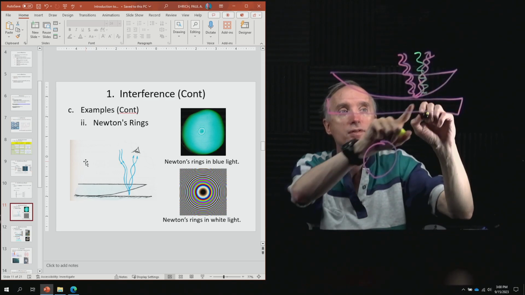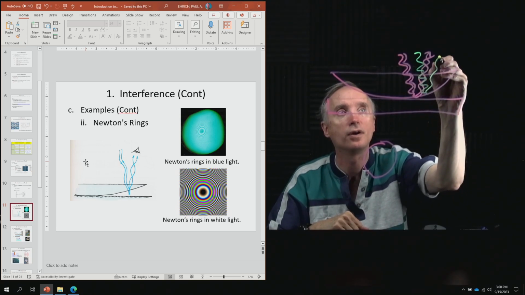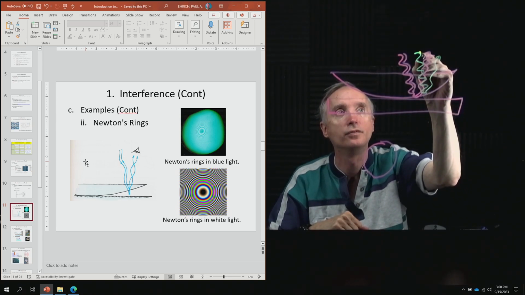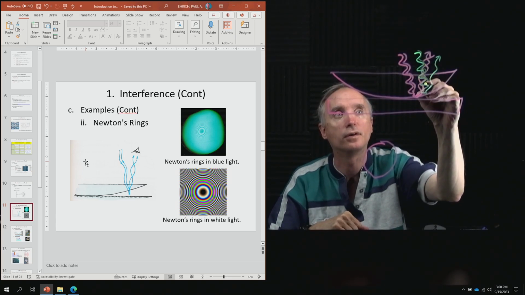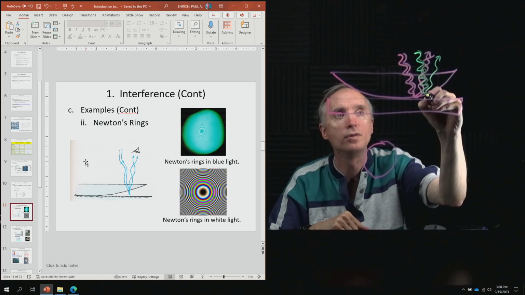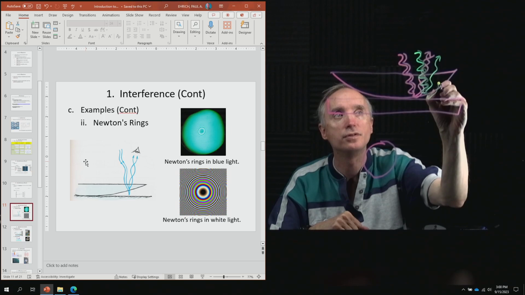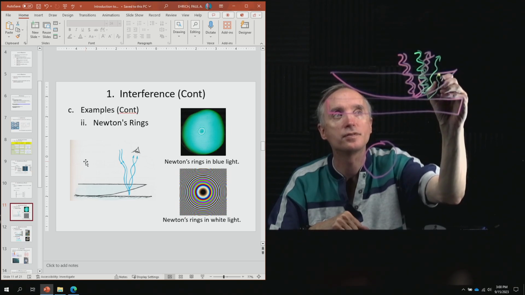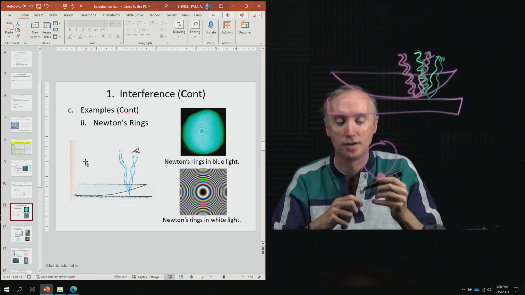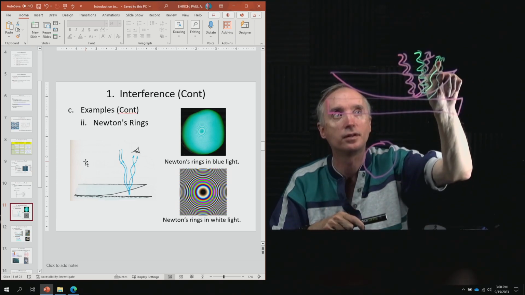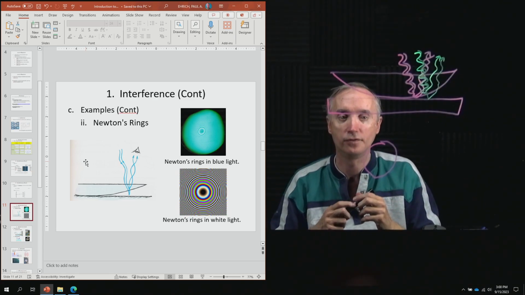Okay, now some of it's going to bounce off here and is going to go into your eye, and some of it is going to, again, this is in phase right here, but it's going to go all the way down to here and then bounce and go into your eye. And let's just say, for the sake of argument, that it looks like this. You see the difference? So where this one is cresting, this one's cresting. And so that would be constructive interference.